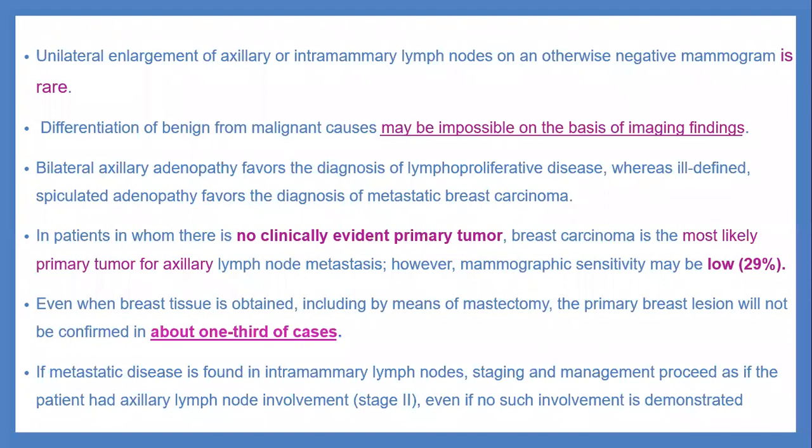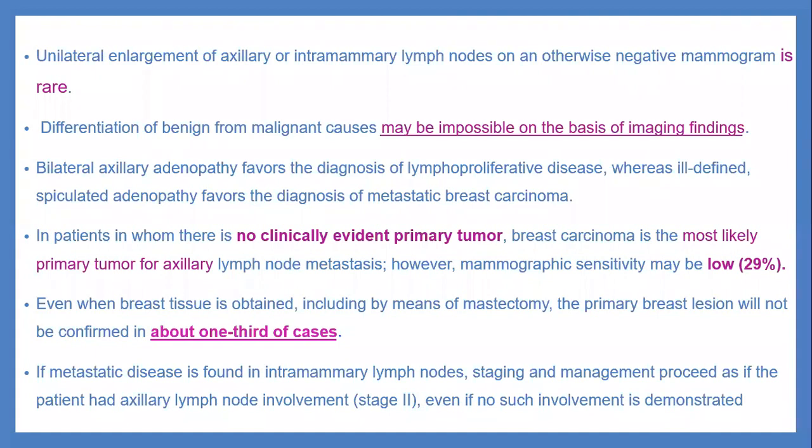Bilateral axillary adenopathy favors the diagnosis of lymphoproliferative disease. If you find bilateral adenopathy, we see it commonly in connective tissue disorders and lymphoma, whereas ill-defined spiculated adenopathy favors metastatic breast carcinoma.